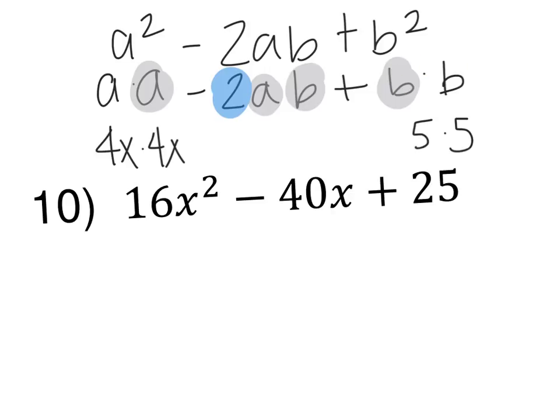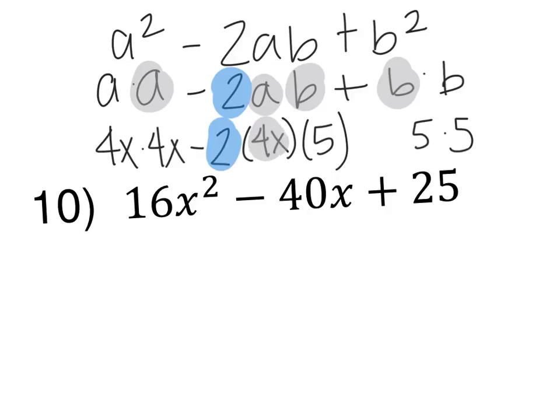So that works because this last part should be something multiplied by itself. B times b would be 5 times 5, which is 25. So this middle piece should be minus 2, because that's the formula, times a, which would be 4x, times b, which would be 5.